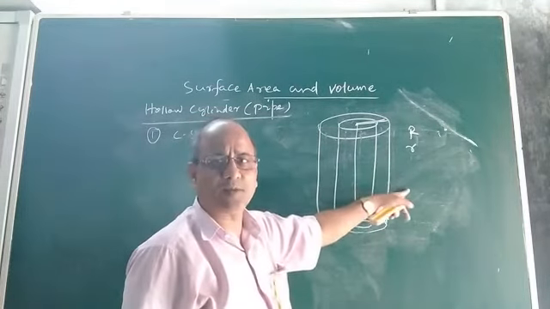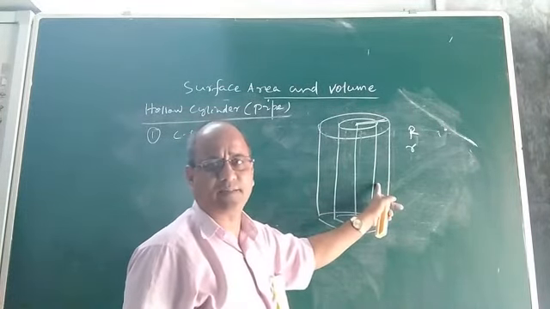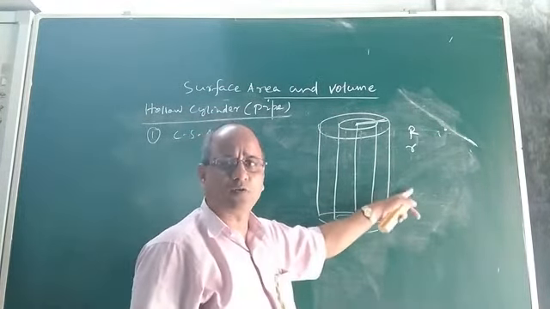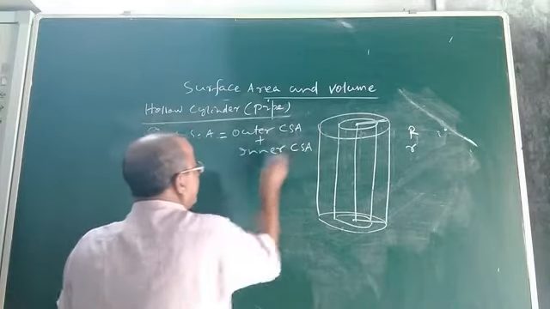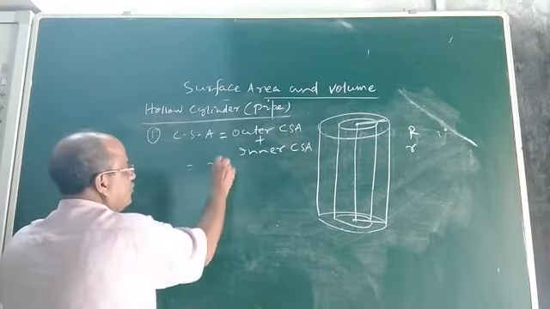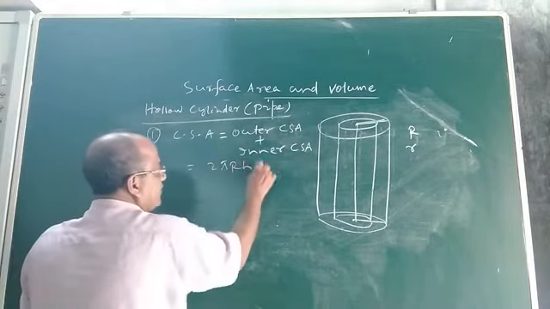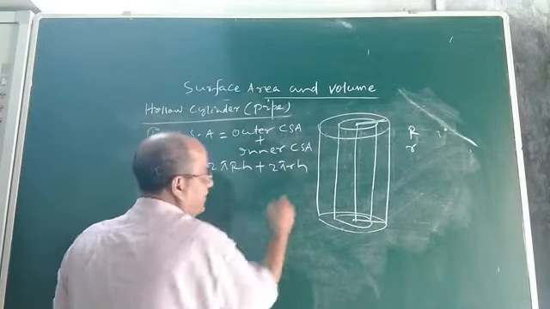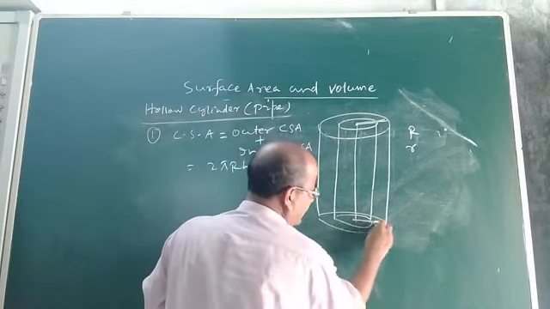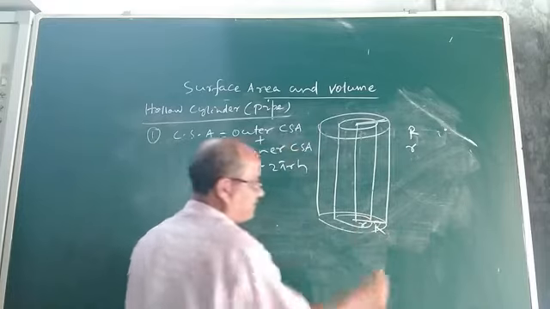It is the outer curved surface area plus the inner curved surface area, or the curved surface area of the outer cylinder plus the curved surface area of the inner cylinder. That means outer CSA plus inner CSA. So it will be 2 pi capital R h plus 2 pi small r h. Why? Because the outer radius is capital R and the inner radius is small r.